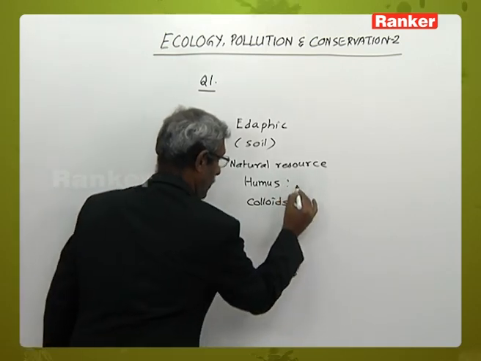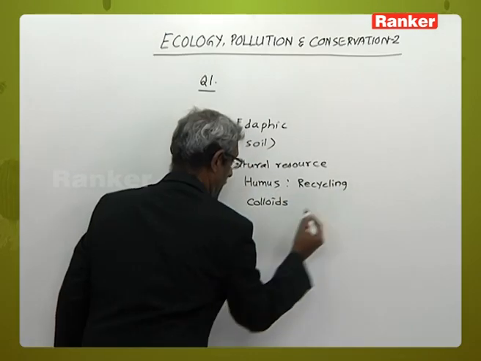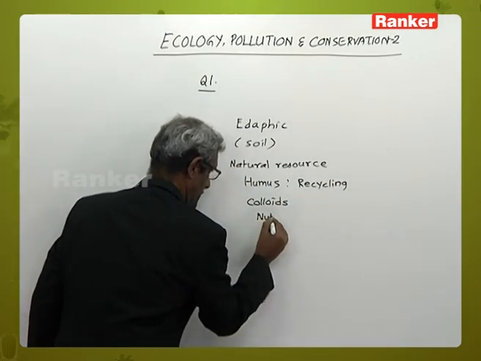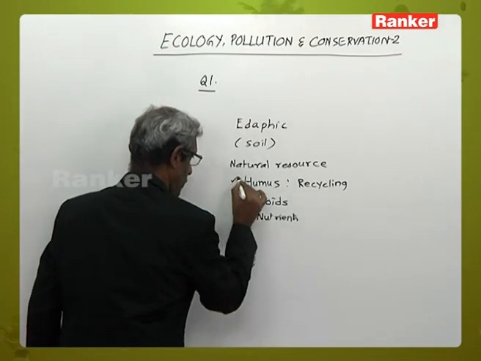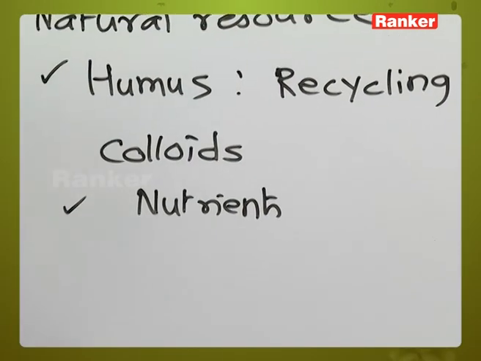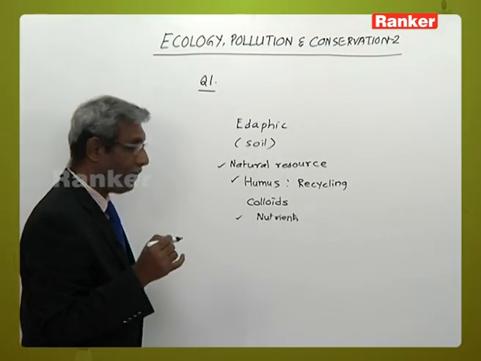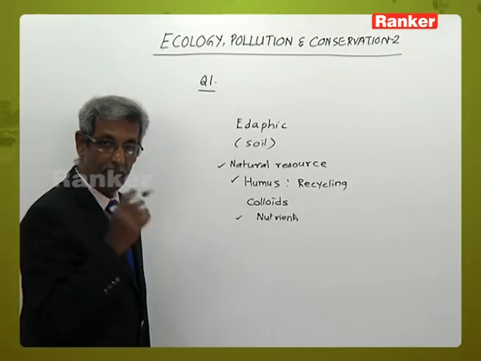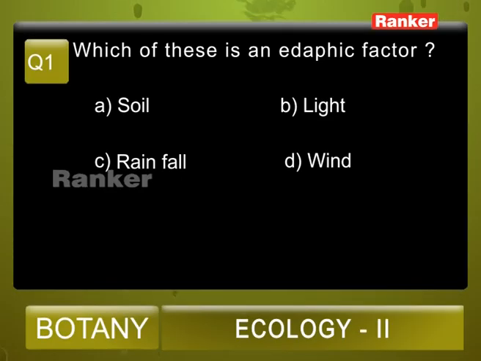Humus is the basis for recycling and also the basis for nutrients. Thereby, the presence of humus and capture of nutrients make soil as a natural resource very important, and soil plays a very important component in an ecosystem. So, among the choices, the answer is A, edaphic factor.